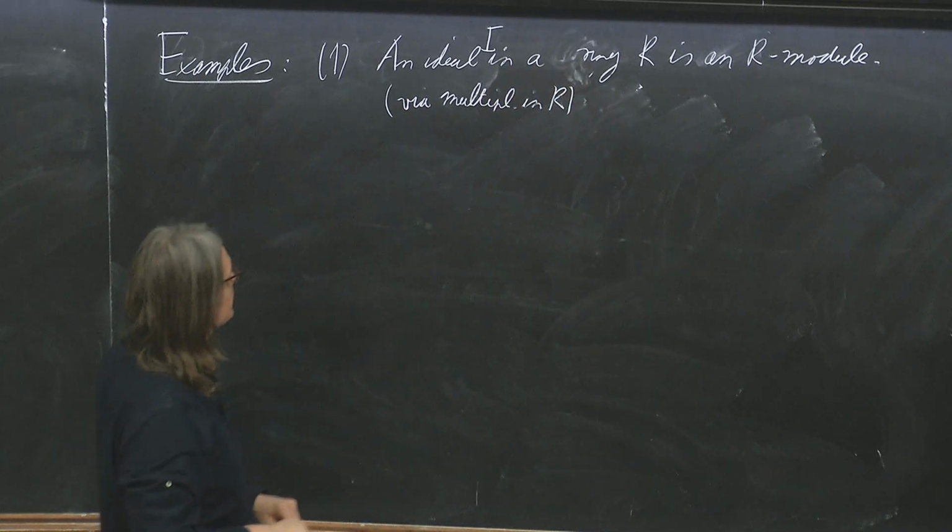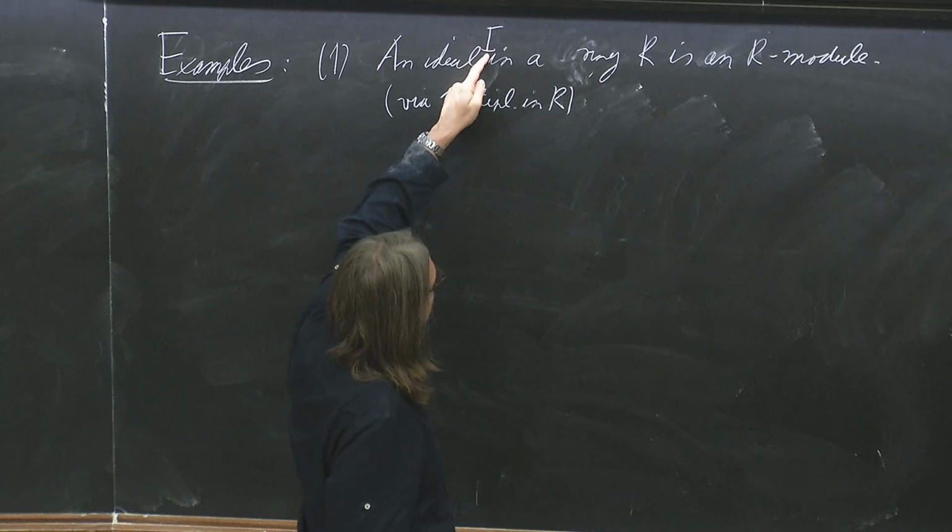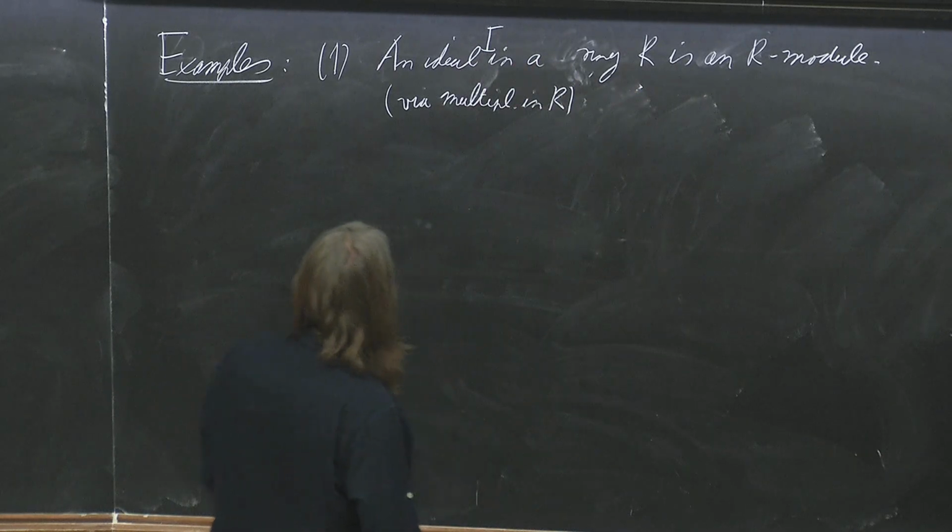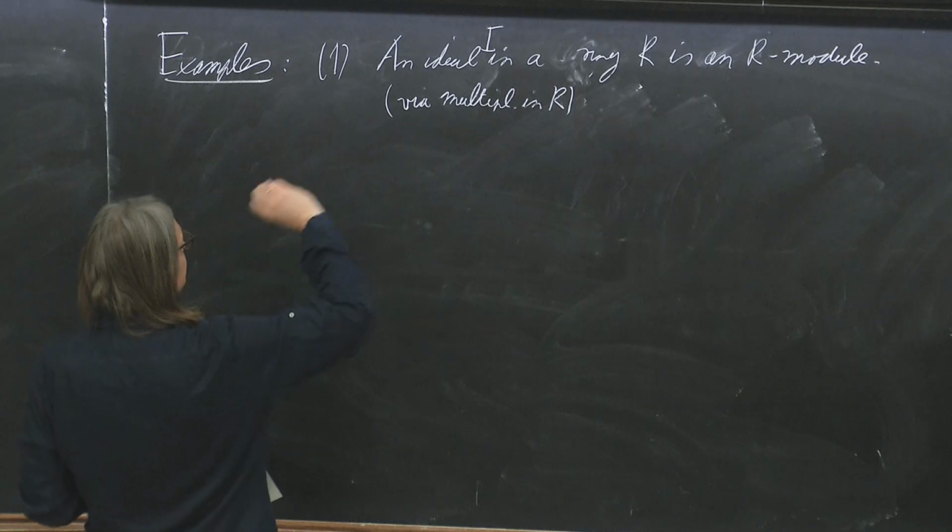The property of being an ideal just means that if I multiply any element in I with an element in R, I always end up in I. So this makes it a module.